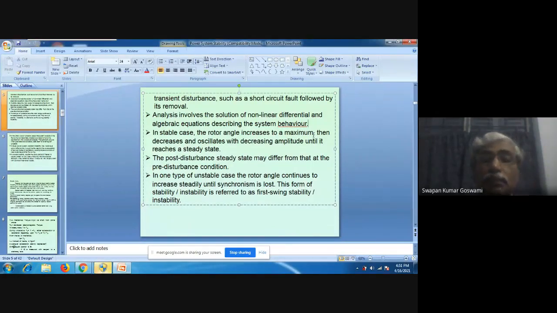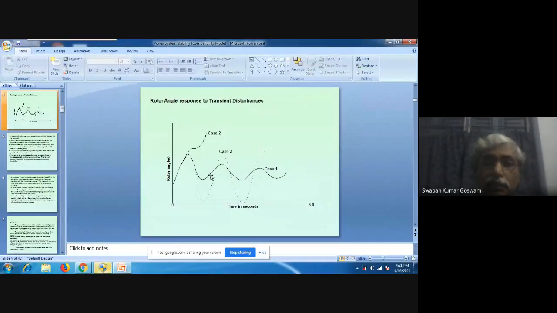You have to solve this differential equation, and along with the algebraic equation, you will obtain the variation of rotor angle with time. If you solve those equations, you'll see that the rotor angle will increase to a maximum and then decrease and oscillate with decreasing amplitude until it reaches a steady state, like this.